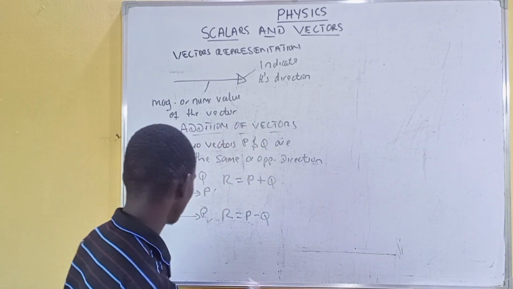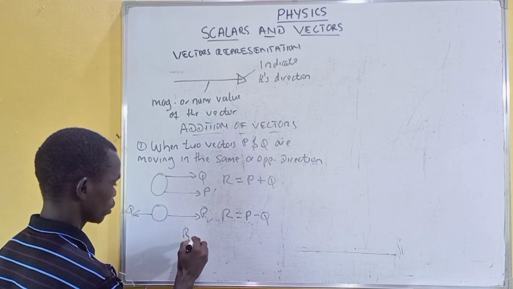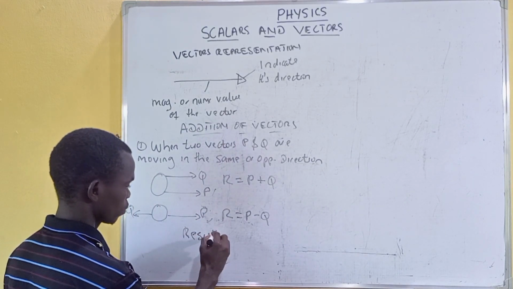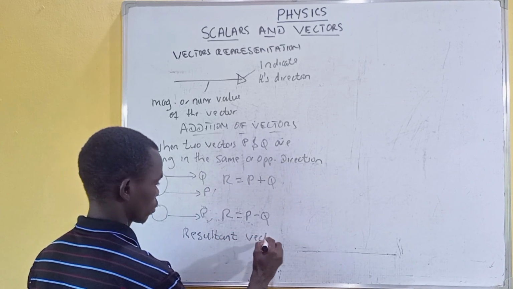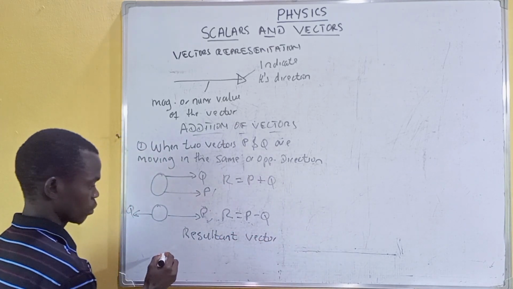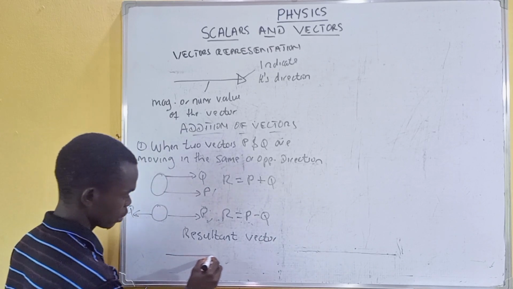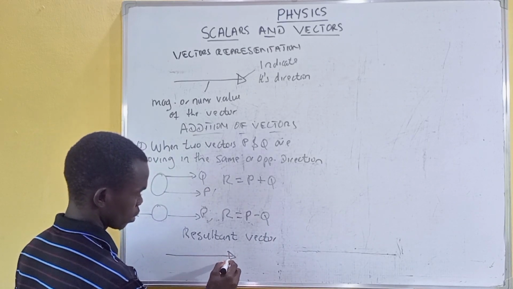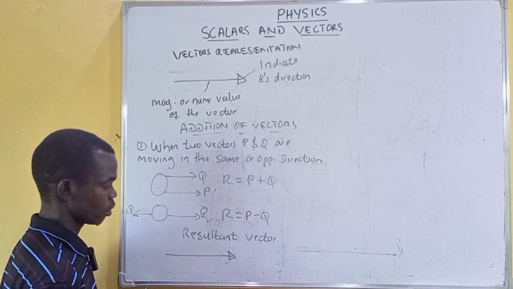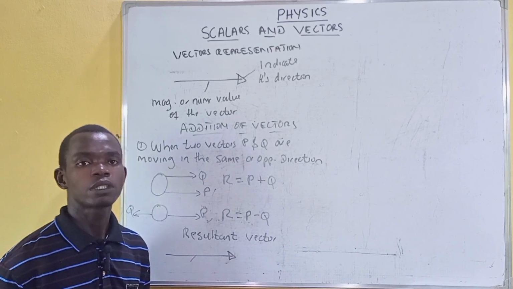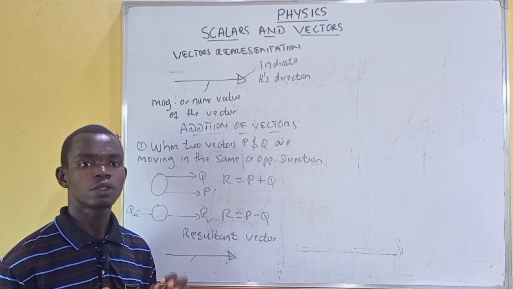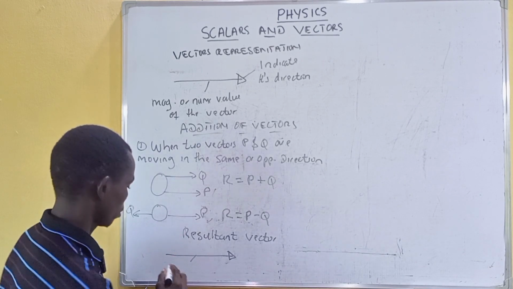If we are to represent the resultant vector, it is a straight line that has an arrowhead. The length of the line represents the sum of all the individual vectors.